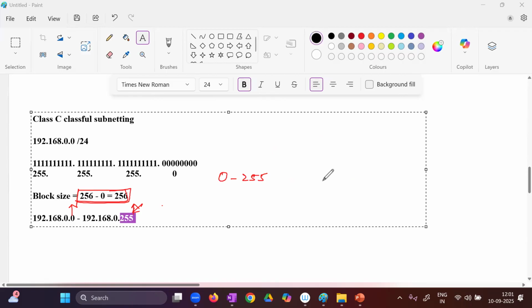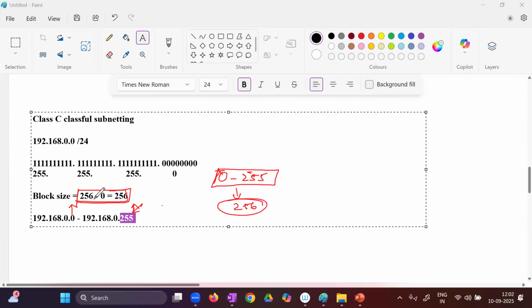Total IP address range. Forget about the octets. Let's say I'm talking about the fourth octet. Each octet you have to fill, the last should be 255. And you will always start from 0. So if I'm starting from 0 and ending at 255, I will always get 256 values, right?